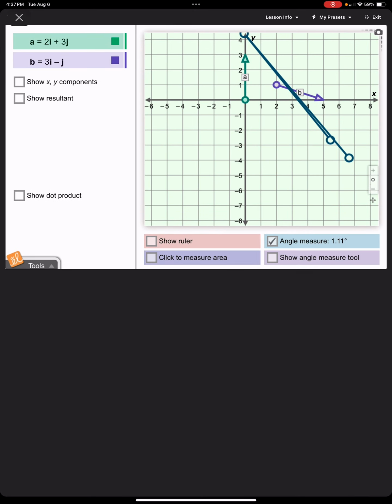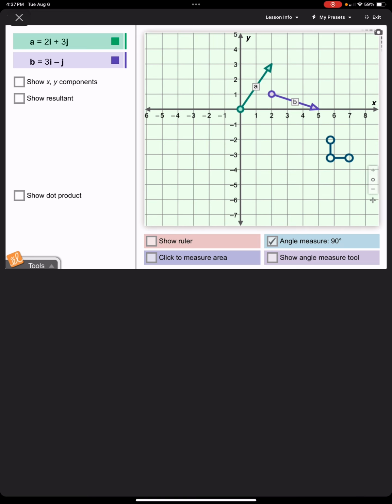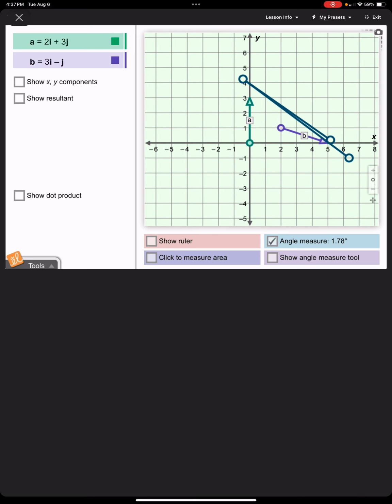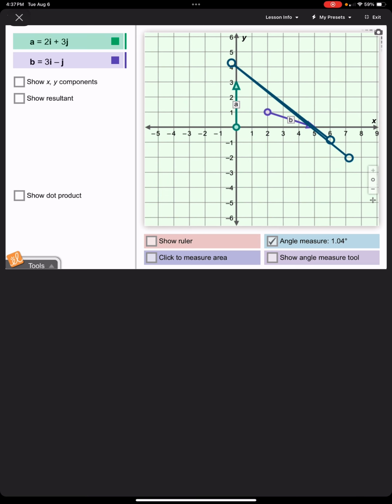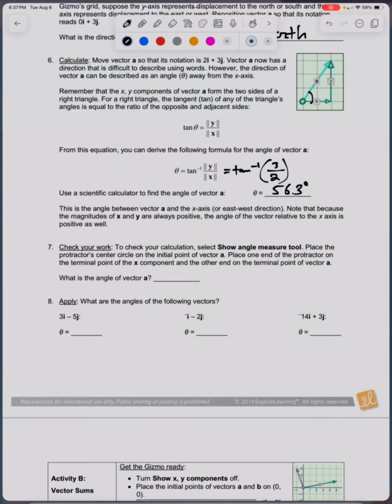I'm dragging the middle, okay, this is not working very well for me. Okay, so what I'm supposed to do is drag the middle circle right where, and I'll draw it on this right here.